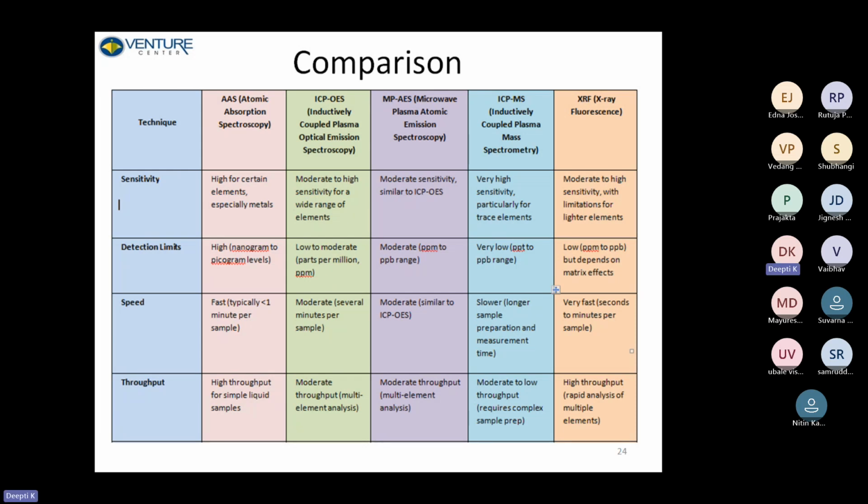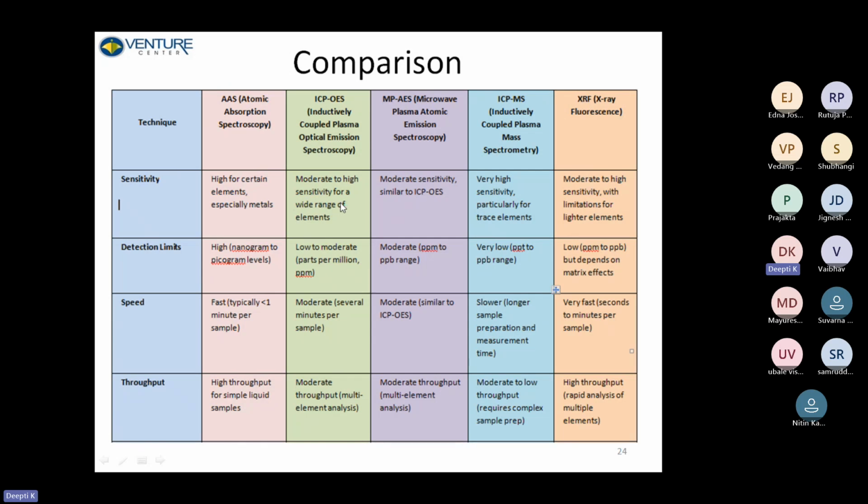Now that we've seen all the popular elemental analysis techniques, I've put here a slide which will compare all these techniques depending on different parameters and application ranges that they have to offer. AAS equipment has very high sensitivity for certain elements, especially metals.